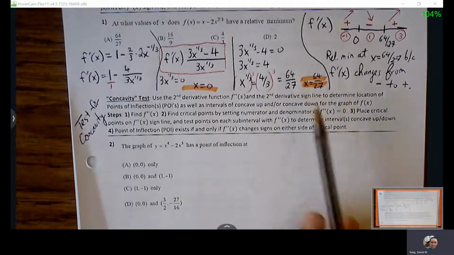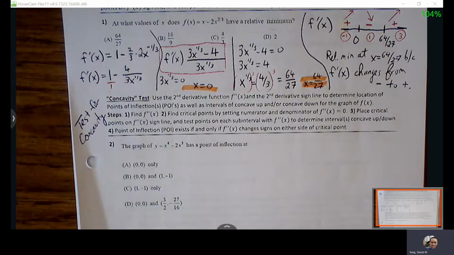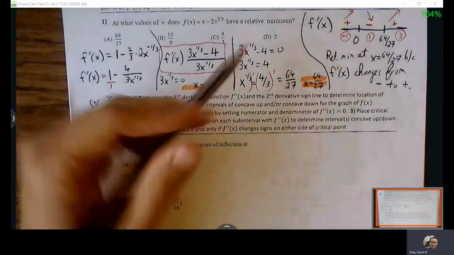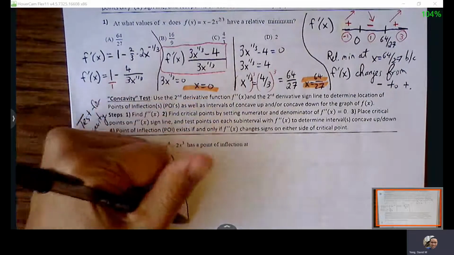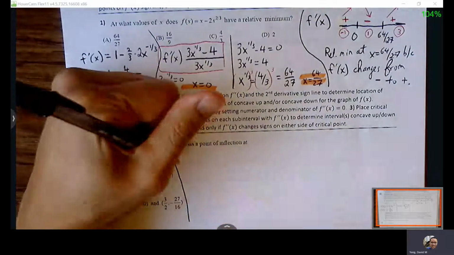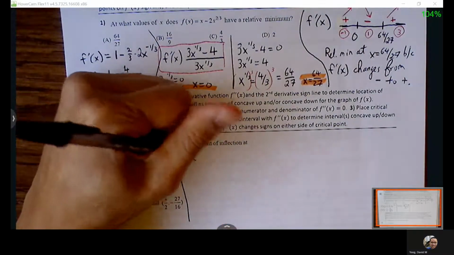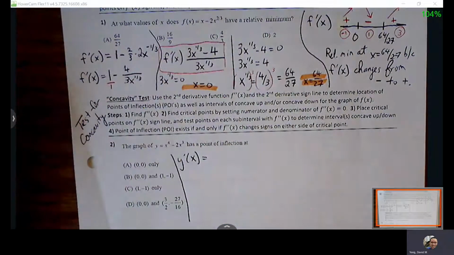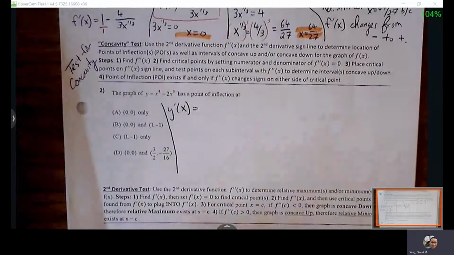Okay, so number 2, the graph of y equals x to the 4th minus 2x cubed has a point of inflection at. Let's go through our test for concavity. So we're going to make our way down to the second derivative. First derivative to begin with, we go through the power rule.